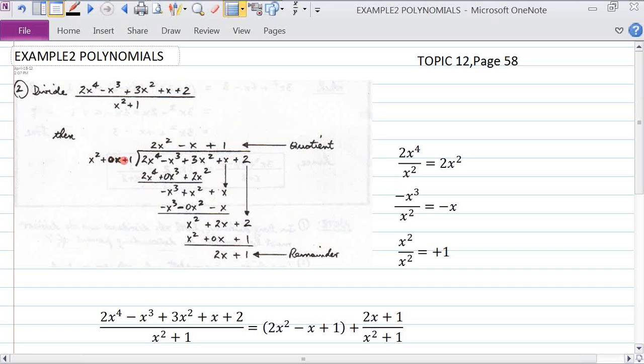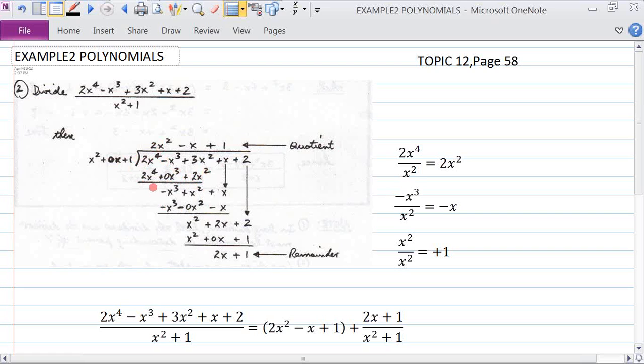And so 2x squared times 0 is 0. So I have no x cubed term. This is really 0, or if you want to write 0x cubed, it's okay. And finally, I multiply 2x squared times plus 1, and I get 2x squared.